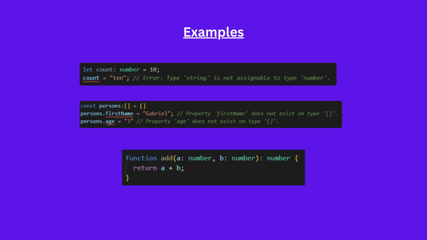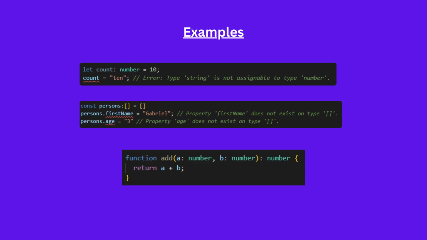And we didn't specify the type of it as an object, but as an array. So TypeScript is yelling at us, saying that property firstName does not exist on type array. So that's right. And in the third example, we have a valid TypeScript definition, so you can use TypeScript for functions and many other things as well, but I just wanted to show you some basic examples so you can understand what it does.